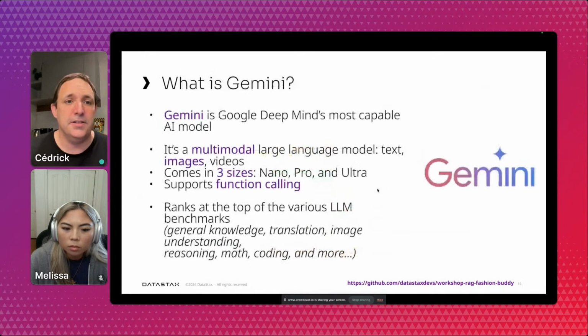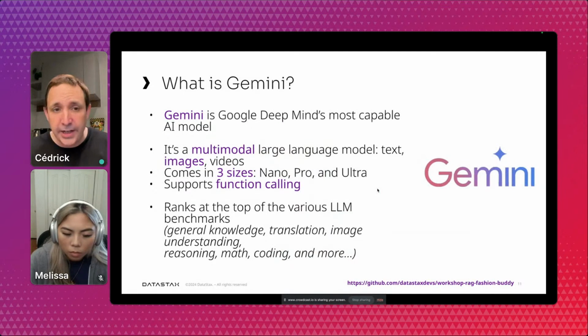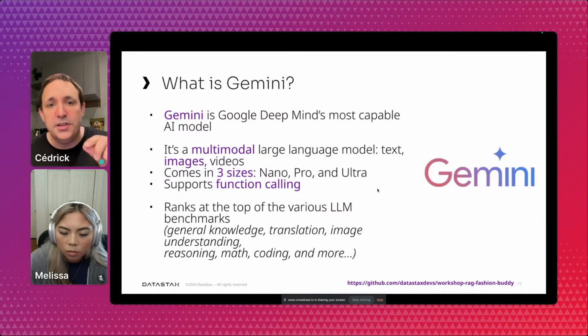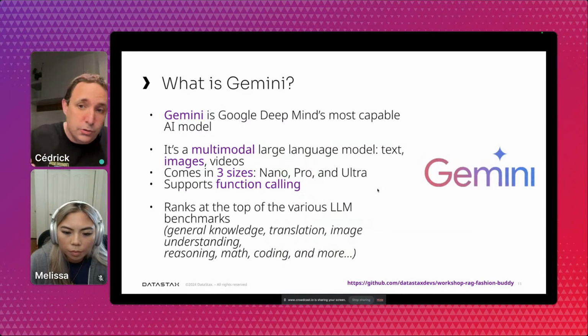So Gemini is a newish model from Google. I think it's probably 2 years old now, their new king model built by Google DeepMind. And what is nice with Gemini is that it's a multimodal language model. So what does that mean? That means you can talk to Gemini by asking questions with both an image and text.